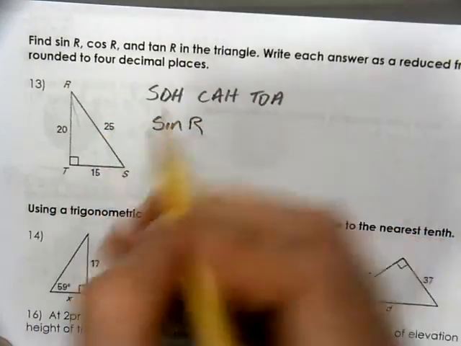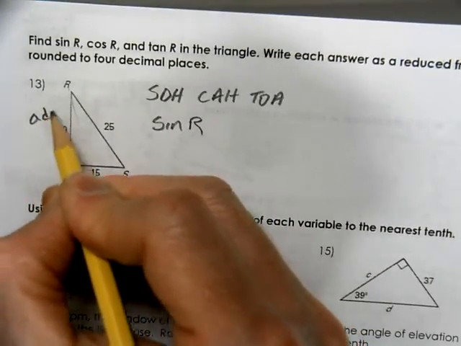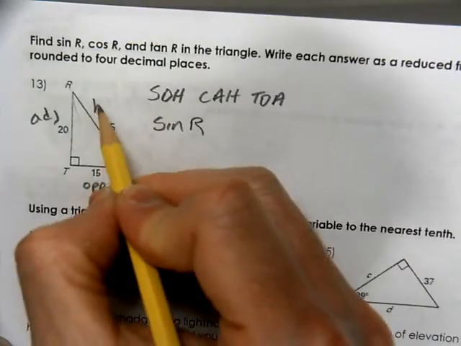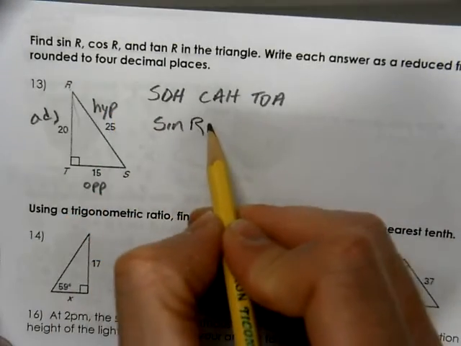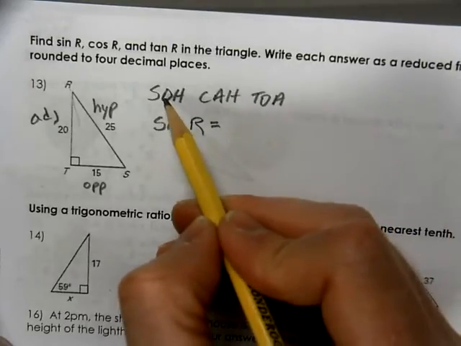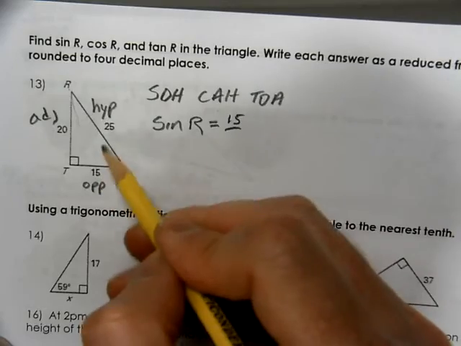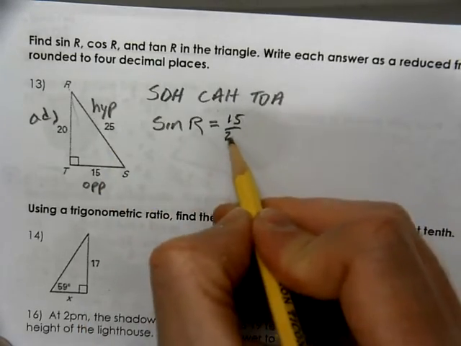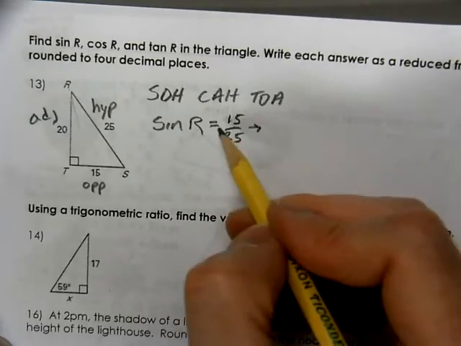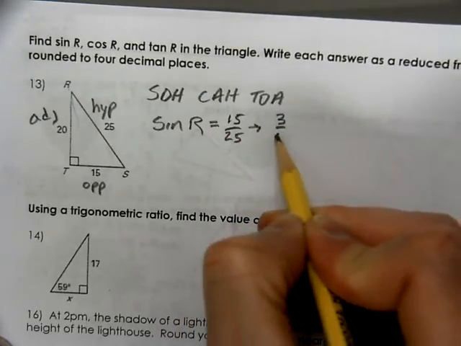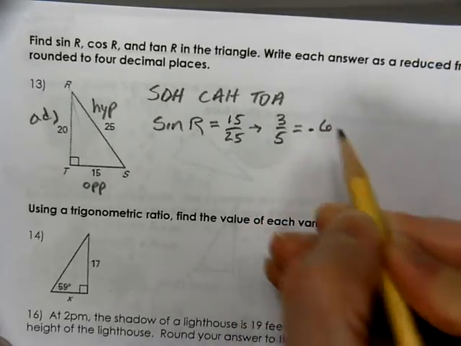So that means opposite is over here, adjacent is next to it, and hypotenuse is across from the 90. So sine of r is supposed to be the opposite side divided by the hypotenuse. So that can be reduced down to 3/5, which is also known as 0.6.